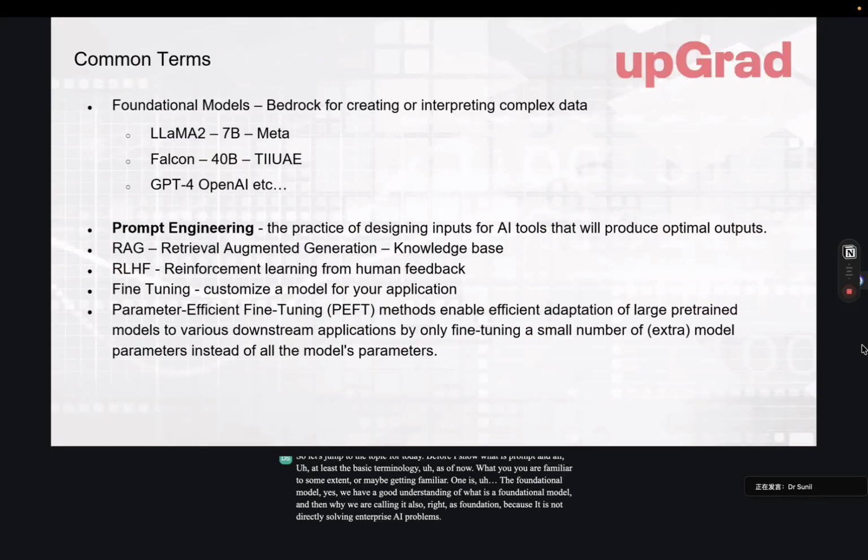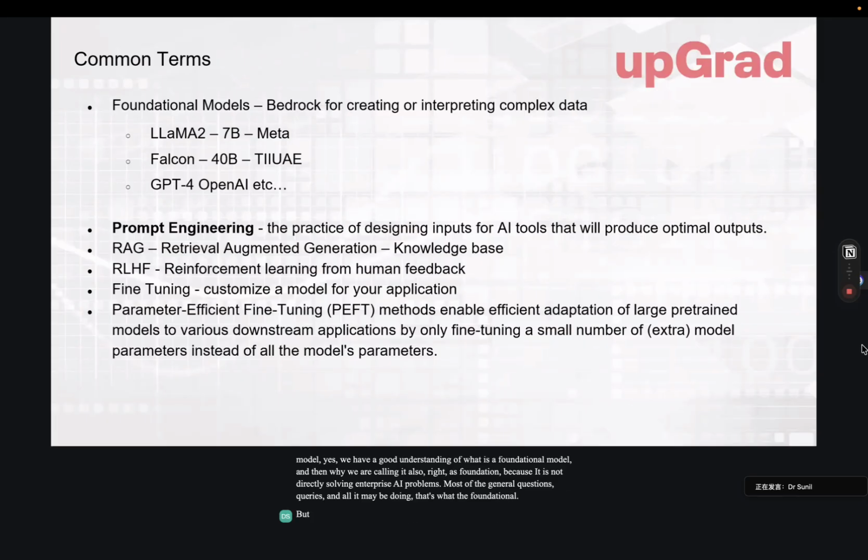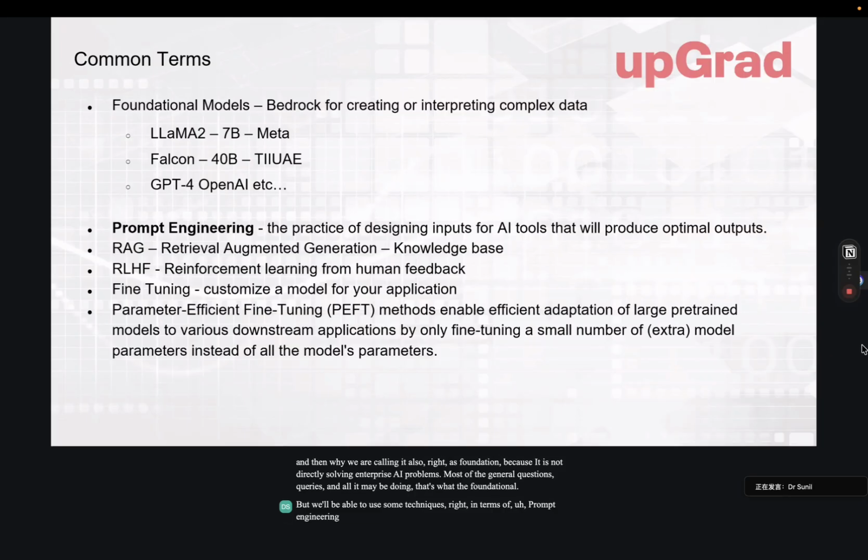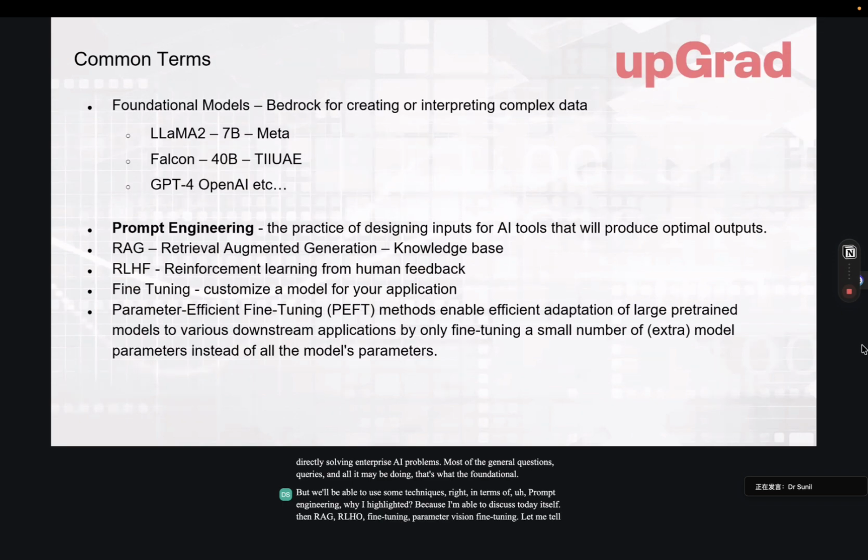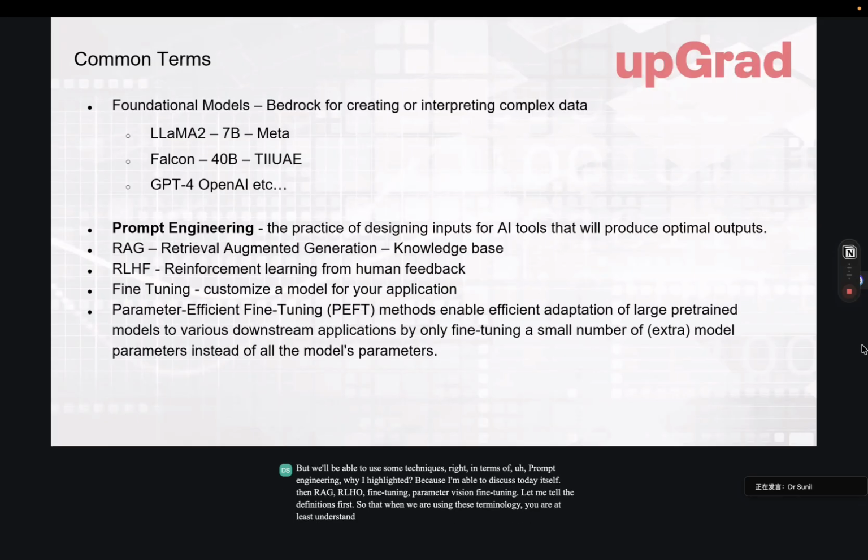It answers most of the general questions and queries. But we can use some techniques, like prompt engineering, which I highlighted because I can discuss it today itself. Then RAG, or LHR, fine-tuning, and parameter-efficient fine-tuning. Let me give the definitions first, so that when we use this terminology, you at least understand what it is. Then we will double click on each of them in subsequent sessions as well.